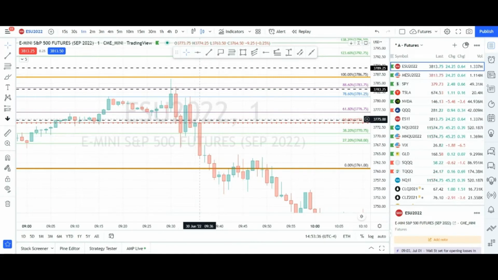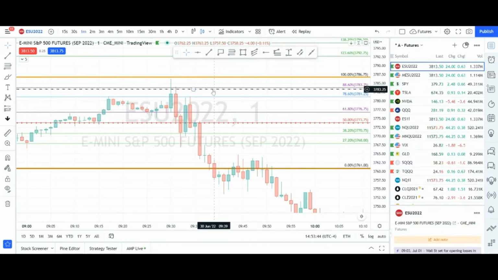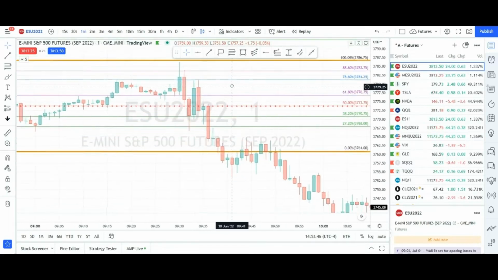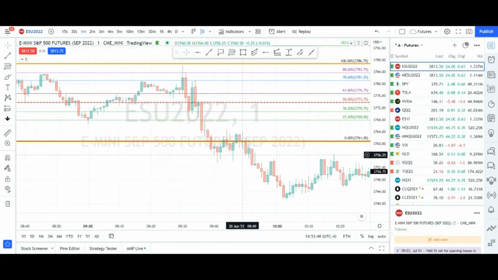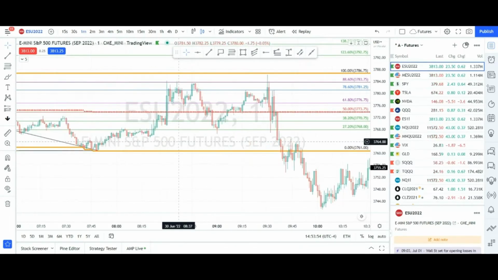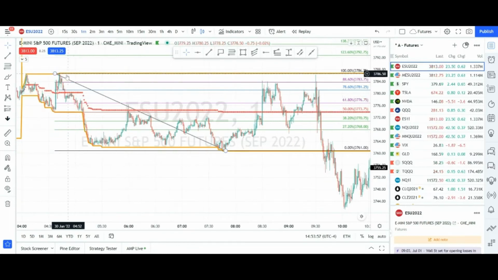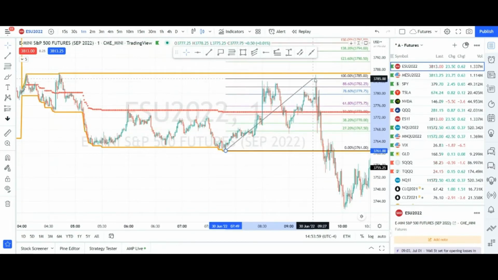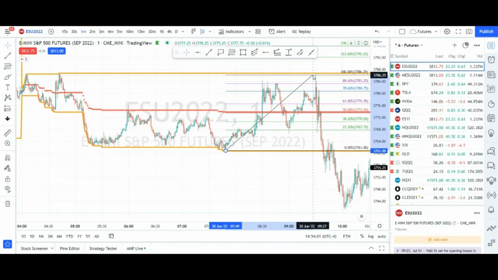Okay, you have got out with some profit, but my ultimate target will be 150% or 161.8. But now the market is going like this, so I will change my highest level from here to here.